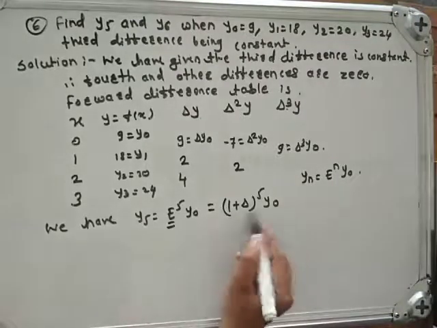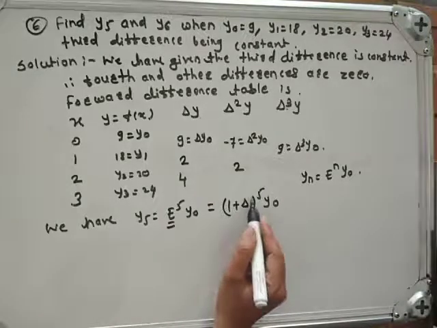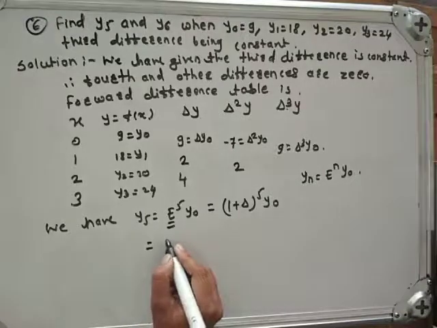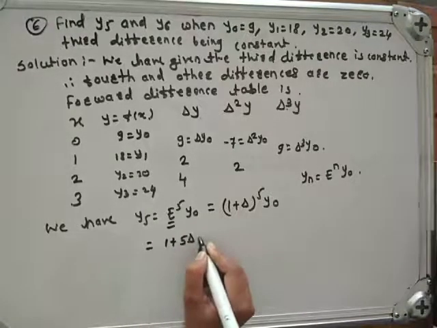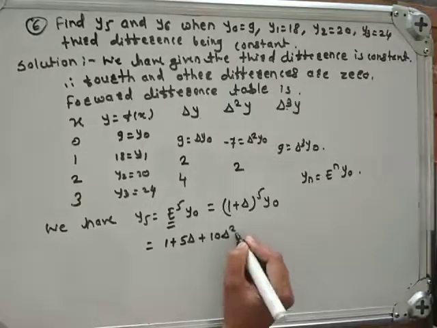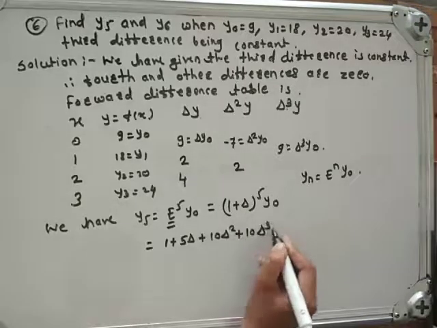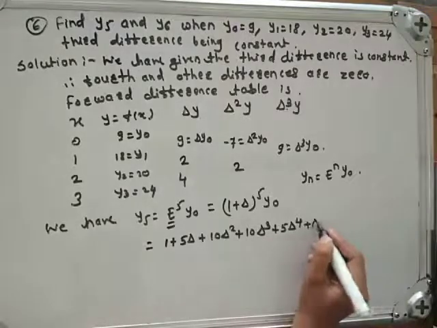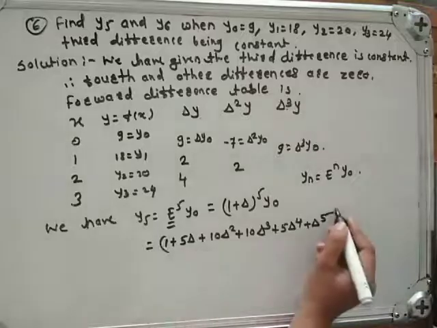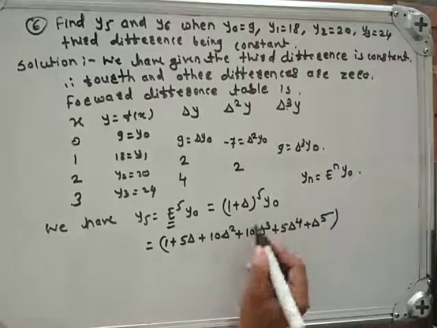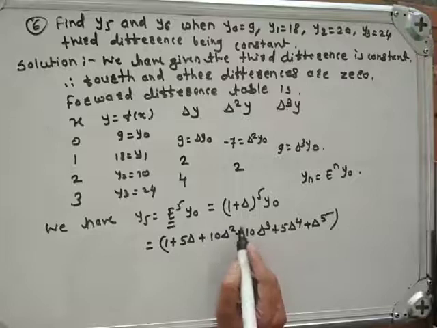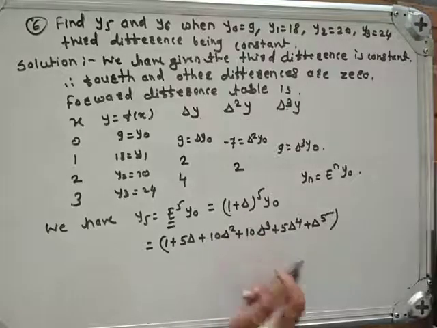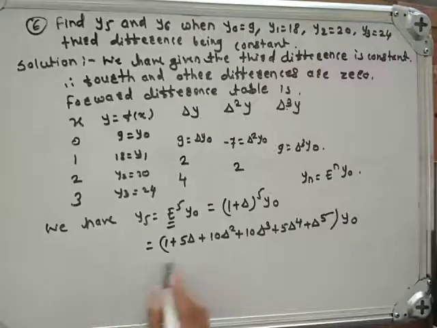Now we simplify 1 plus delta raised to 5 by using binomial expansion. We get 1 plus 5 delta plus 10 delta square plus 10 delta cube plus 5 delta raised to 4 plus delta raised to 5. This is homework: expand 1 plus delta raised to 5 by using binomial expansion. Okay.